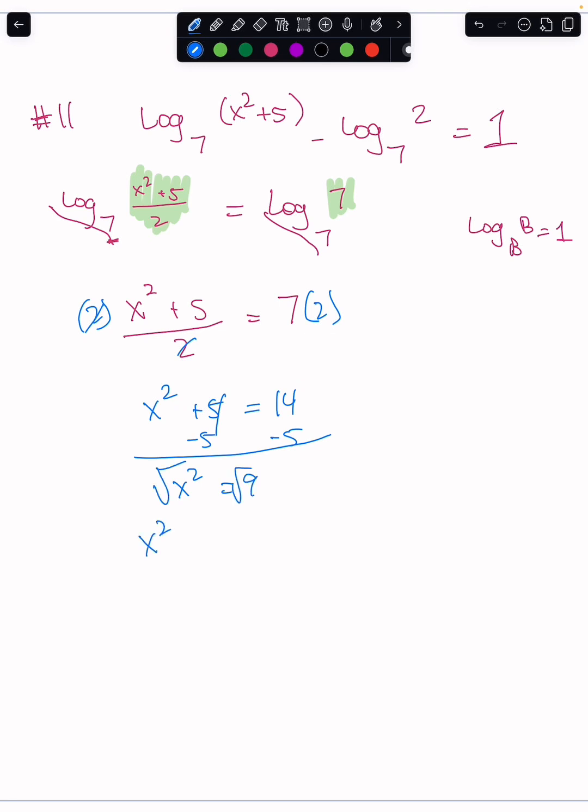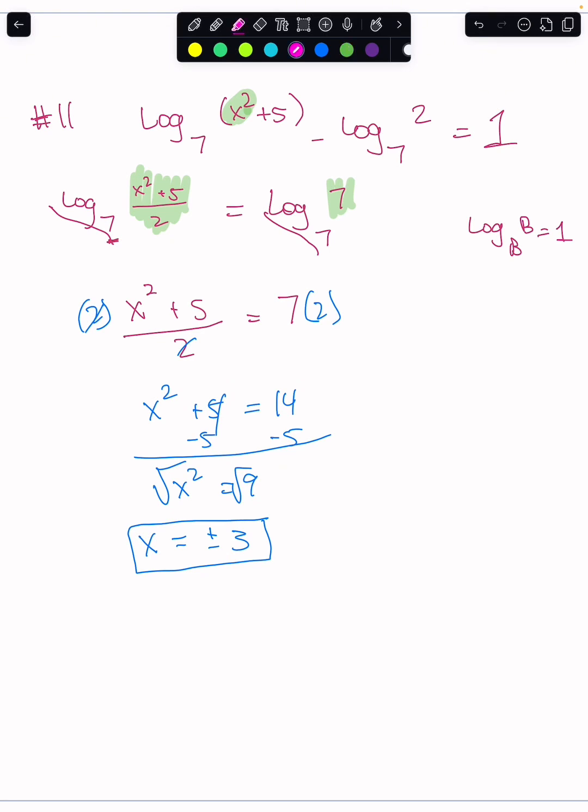X equals positive or negative 3. And if I put a negative 3 right in there, negative 3 squared, positive 3 squared, they'll both end up positive at the end. So we're good with that.